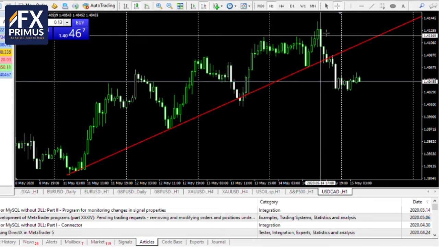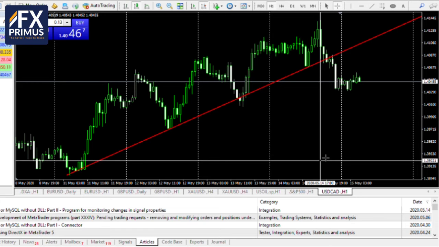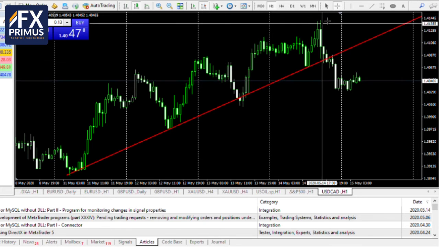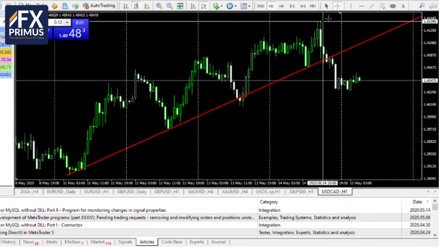Then at about 1700 plus 5, it is 2200 hours, the Canadian dollar starts to move down from a high of 1.4139 to a low of 1.4033. This being the USD CAD, when you see the price moving down like this, it means that the Canadian dollar is strengthening against the US dollar.